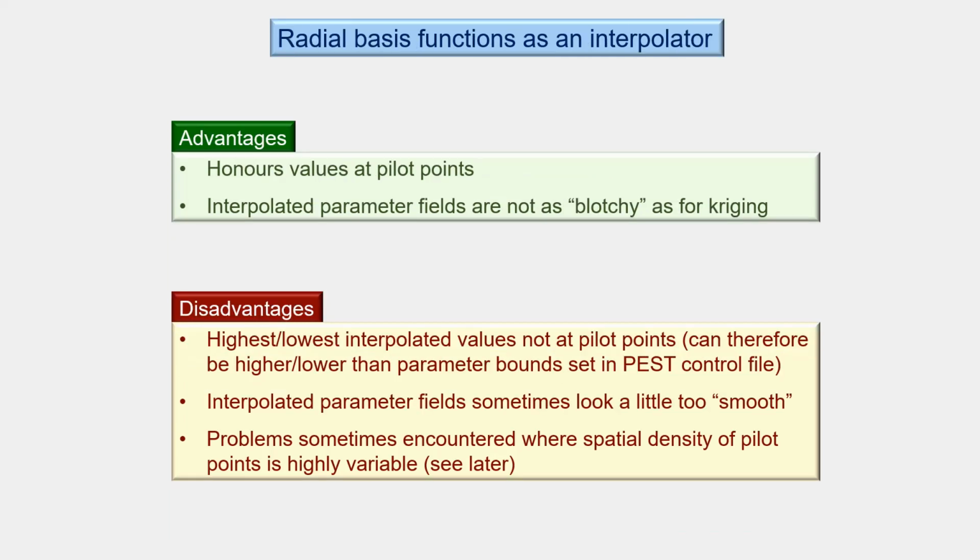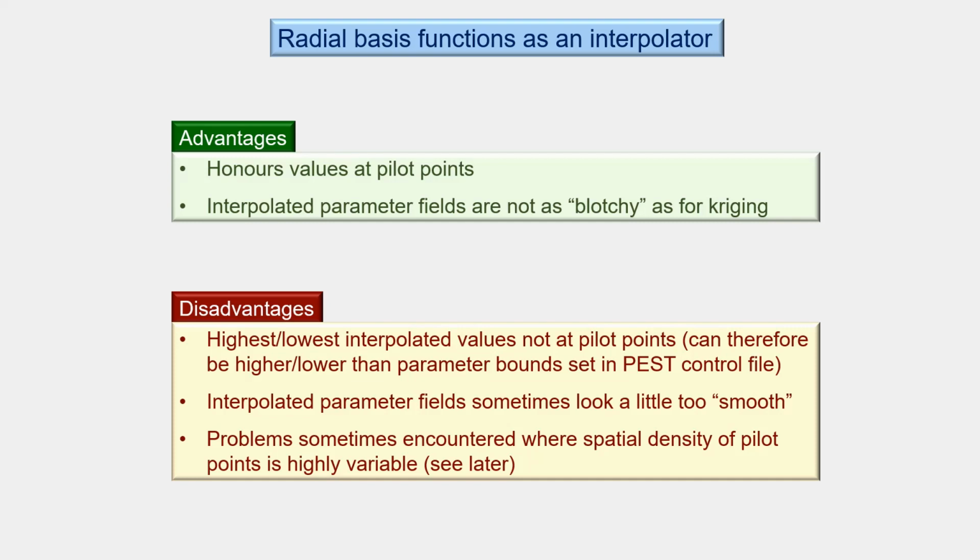Radial basis functions eliminates those problems, but it has a few of its own. It honours the values at pilot points. The interpolated parameter fields are not as blotchy, we don't have bullseyes, but sometimes they're just a little bit too smooth and a little bit too wavy and can look a little bit unrealistic.